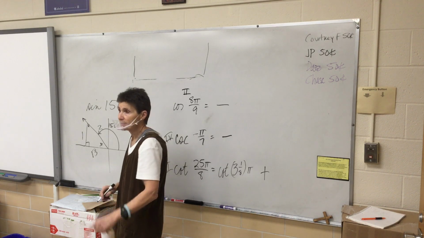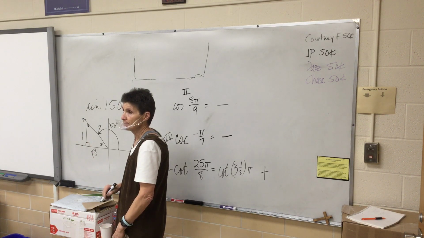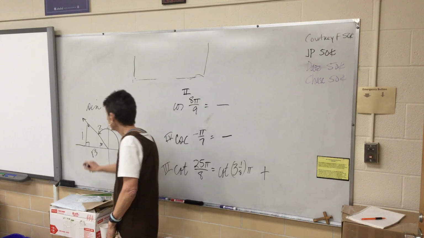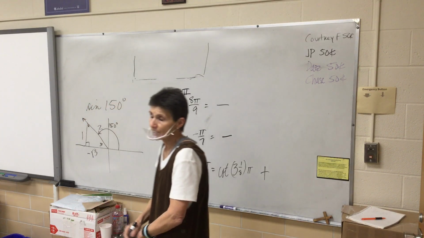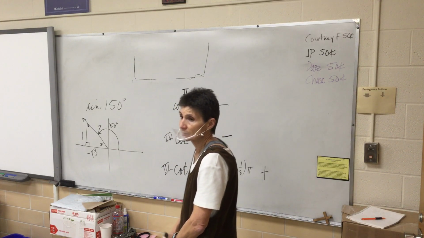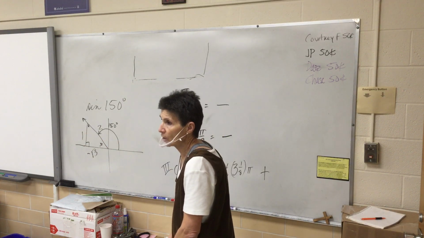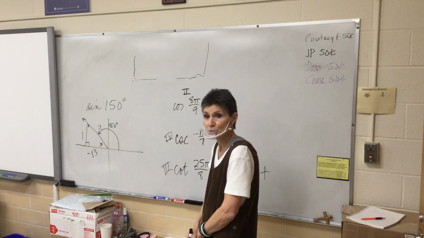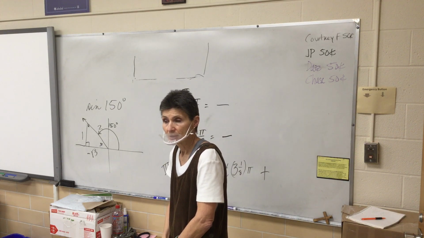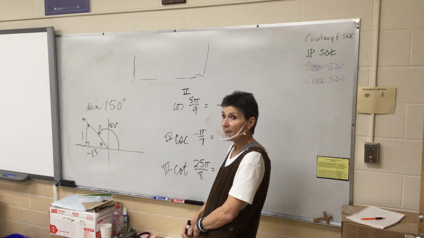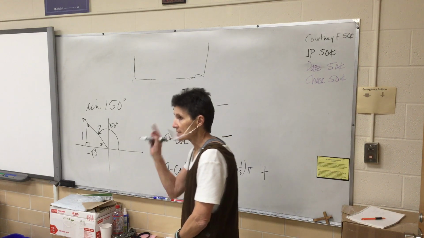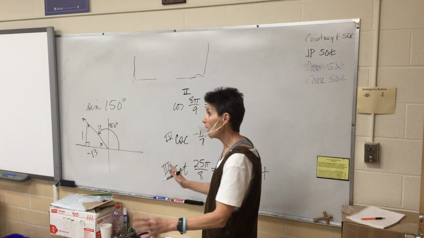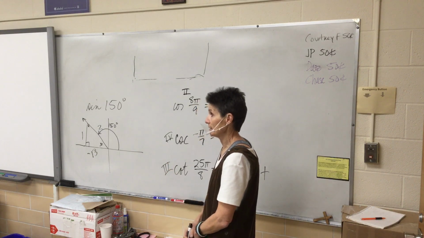Now, if you're going to make a mistake, here's where you're going to make it. See that root 3? He's negative. Why is that root 3 negative? We're going left, right? We're in quadrant 2. X is negative. Anytime you're not in quadrant 1, something will be negative. Maybe both of them, but something will be negative.